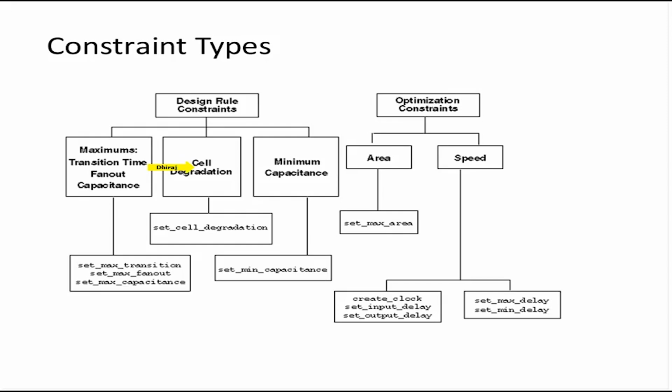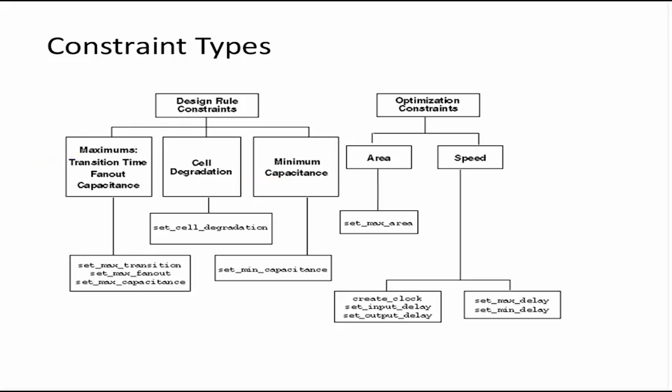It is used by some other features, like I guess Design Compiler Topographical, the DC topo tool, but that is outside the scope of the course. There's a minimum capacitance command also. It is very rarely used. So we'll focus on the maximum ones for this lecture.